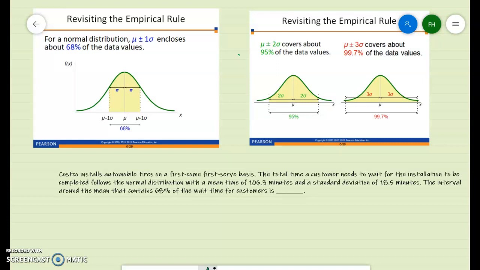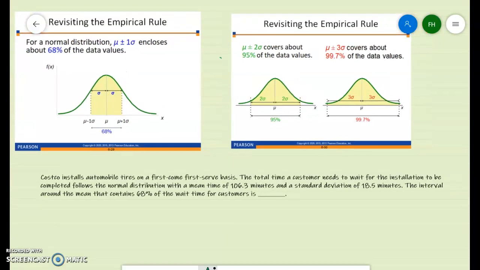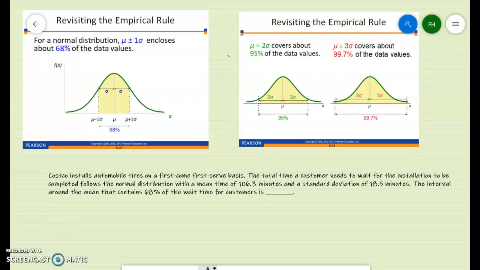Okay, this video is on the empirical rule, which we have covered in previous chapters, and we're going to take a look at it again. Let's look at our question. Costco installs automobile tires on a first come, first served basis. The total time a customer needs to wait for the installation to be completed follows the normal distribution.